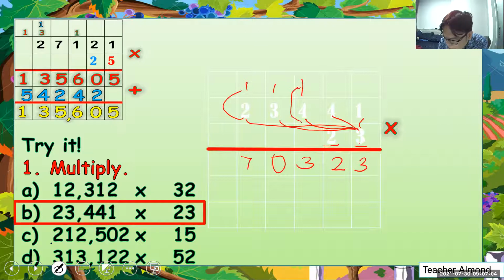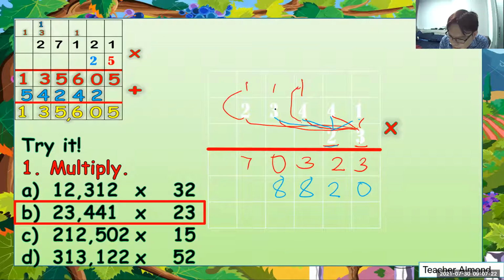Remember, you start from here. So we write 0 here. So 2 times 1 equals 2. 2 times 4 equals 8. 2 times 4 equals 8. 2 times 3 equals 6. 2 times 2 equals 4.